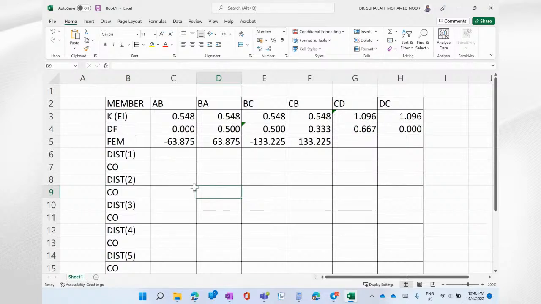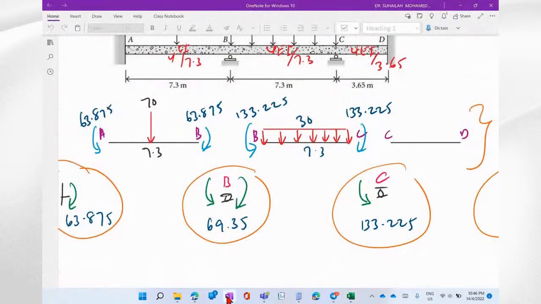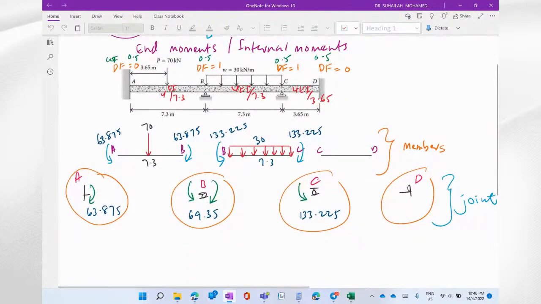The joint moment, because now we will move to distribution number 1, and the moment that we distribute is the joint moment, the moment inside the circle. We will use the distribution factor.